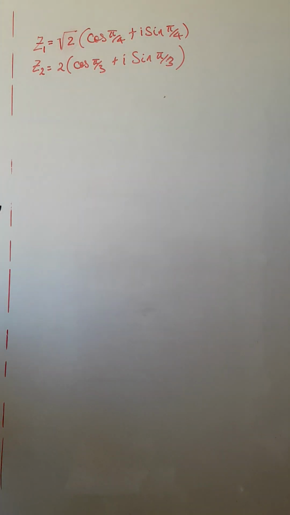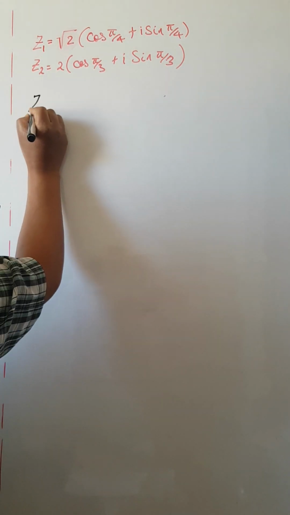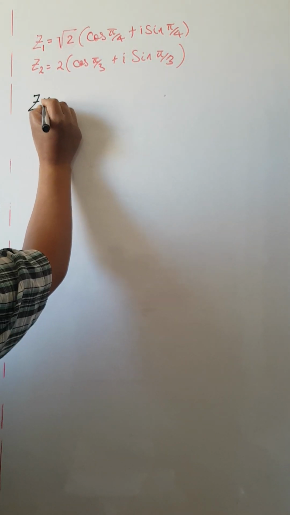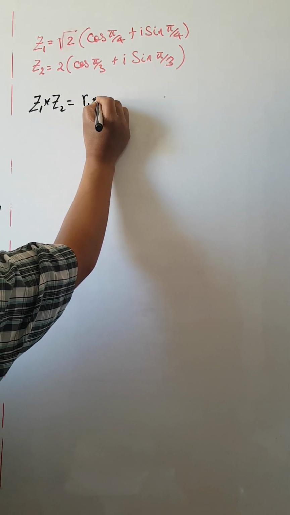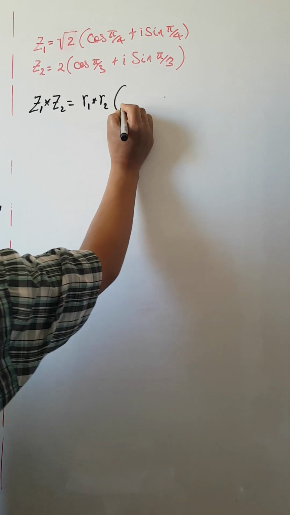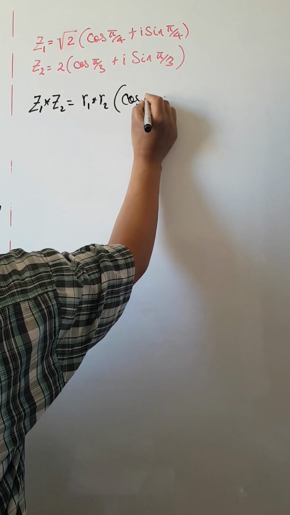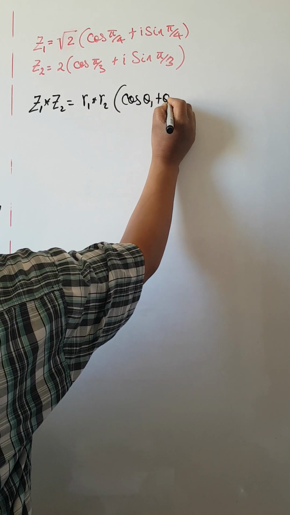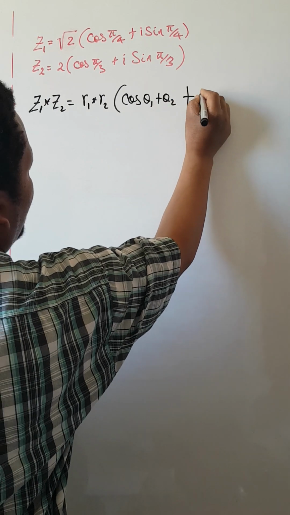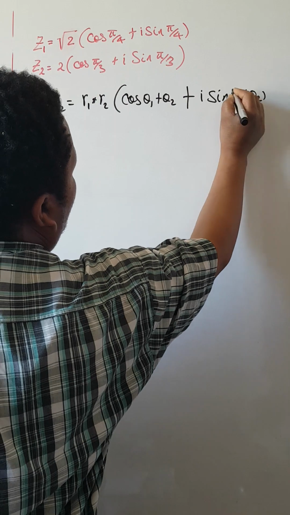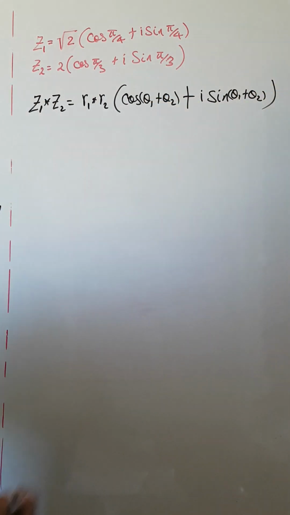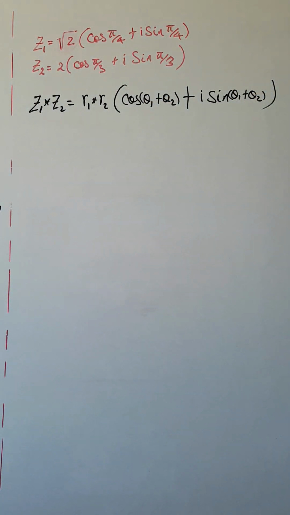Then the product z1 times z2 is equal to r1 times r2 into cosine of theta1 plus theta2 plus i times sine of theta1 plus theta2. This is the product of two complex numbers in polar form.